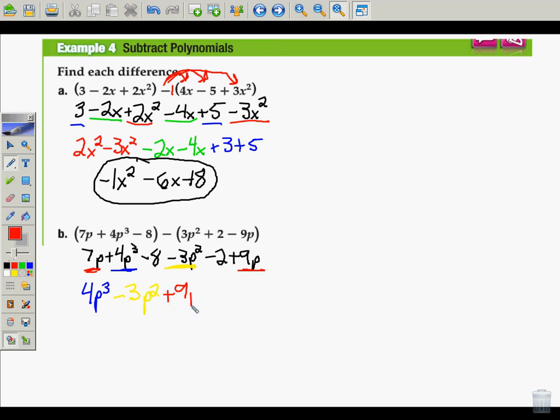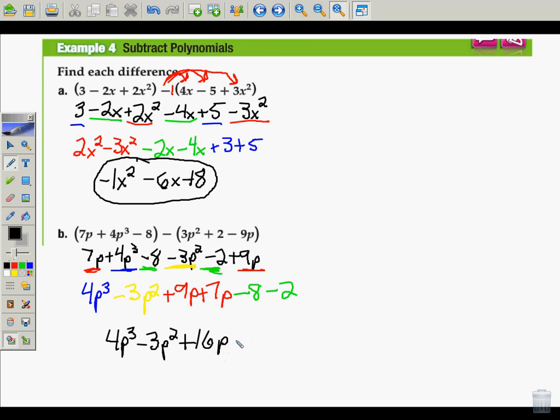And then I've got my constants at the end, minus 8, minus 2. Then, last step, I'm going to combine all these like terms that I rearranged. So I've got 4p cubed minus 3p squared. 9p plus 7p gives me plus 16p. Minus 8 minus 2 gives me negative 10.